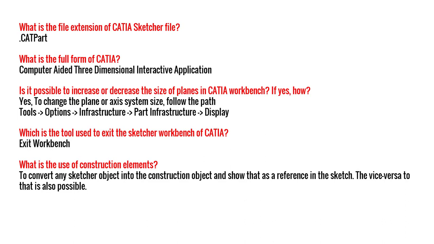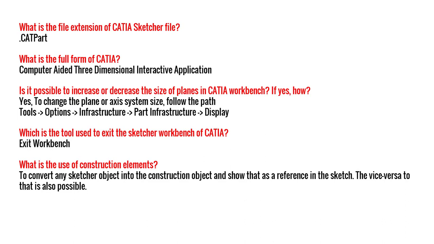The option is available in the sketch tools toolbar. I'll select the object and click on the reference element option. That object will be converted into a reference entity. That particular object will be there, but as a reference, and I can use that reference inside a sketch only, but not as a part of my object.